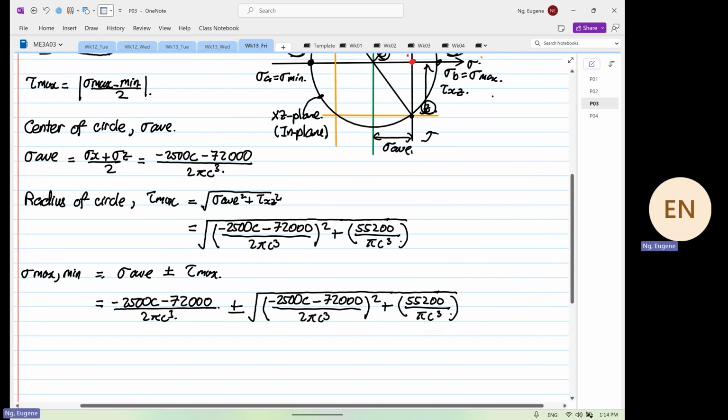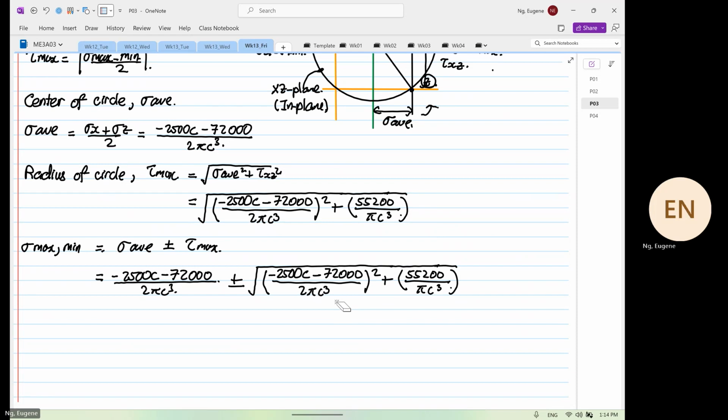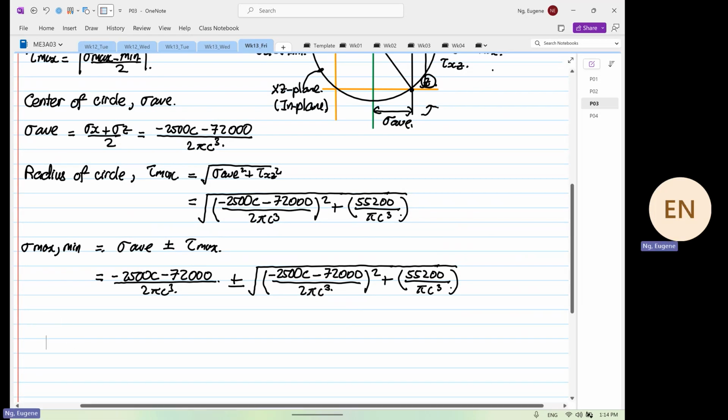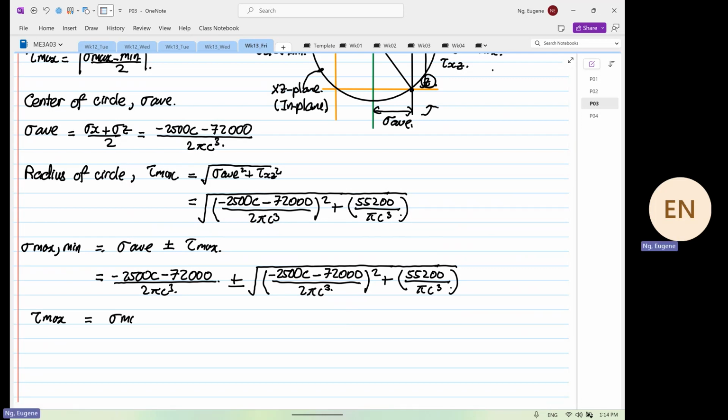So if we were to look at the formula, shear max is equal to stress max minus stress mean divided by 2, right? So if we now consider, we are given that this is 50 times 10 to the power of 6, and then I multiply by 2, this will be equal to stress max minus stress mean.